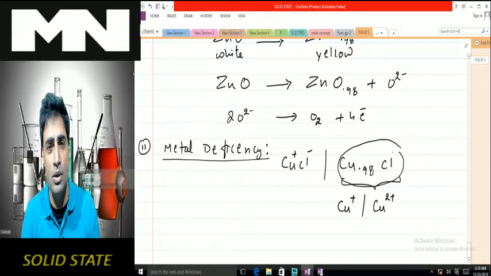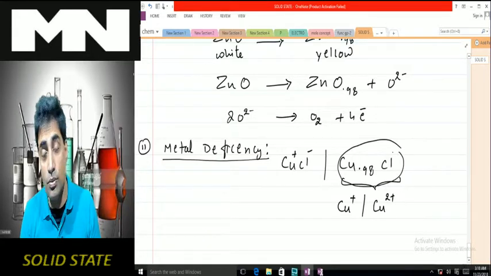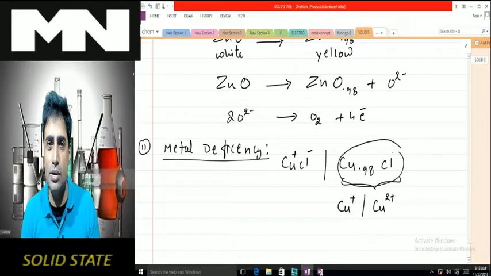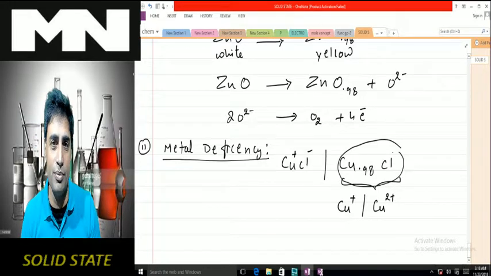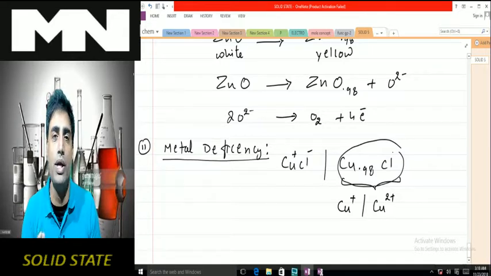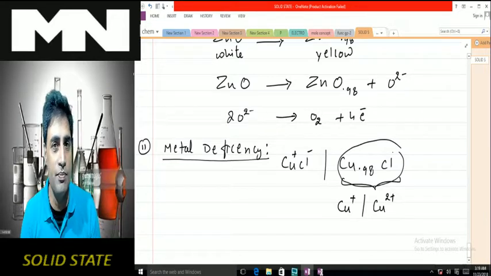In this type of imperfection, we can say a limitation is there: only those crystals in which the metal can exhibit more than one oxidation state can show this type of imperfection. Not all. If I talk about sodium chloride, will sodium chloride be able to show this type of imperfection? No, because sodium exhibits only one oxidation state and that is +1.